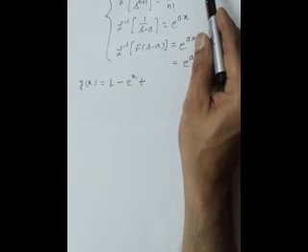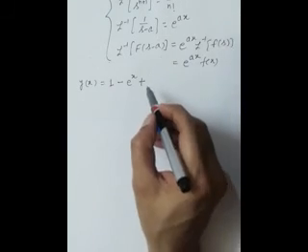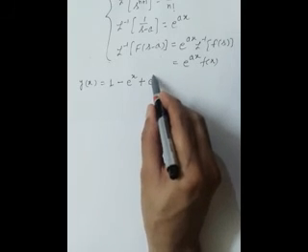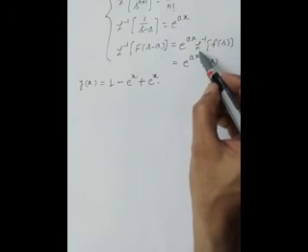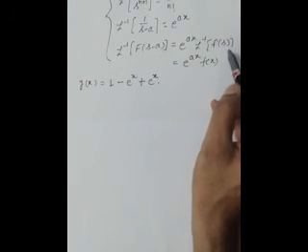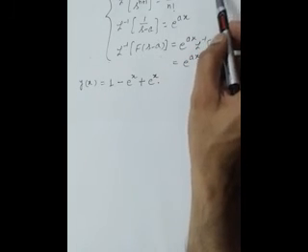Here the inverse Laplace transform of s minus 1. So here exponential of x into the inverse Laplace transform of Fs means the inverse Laplace transform of 1 upon s square.